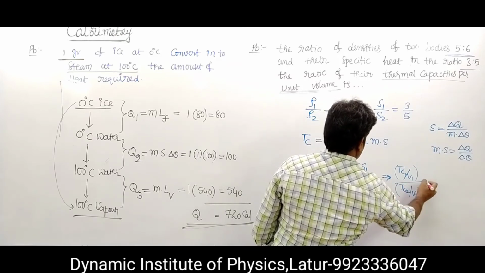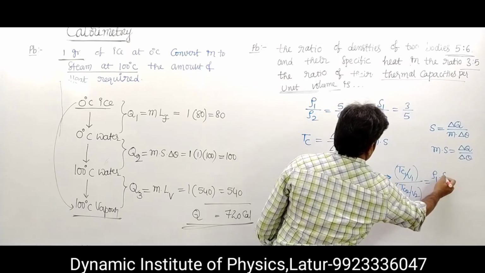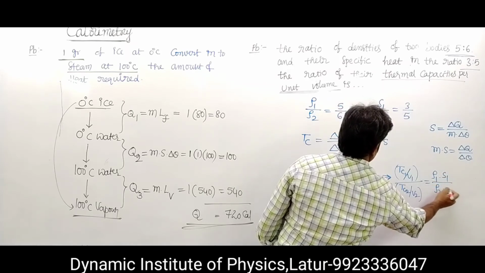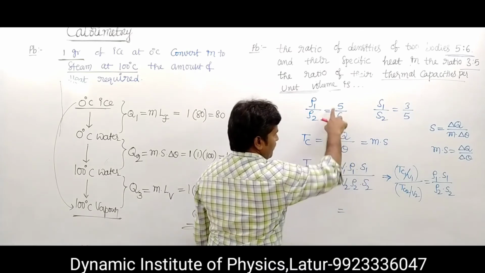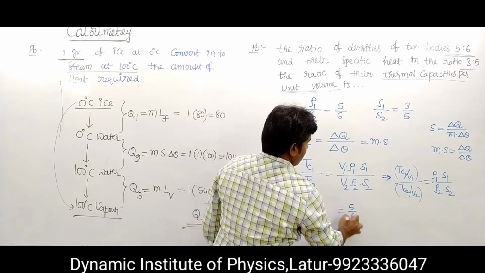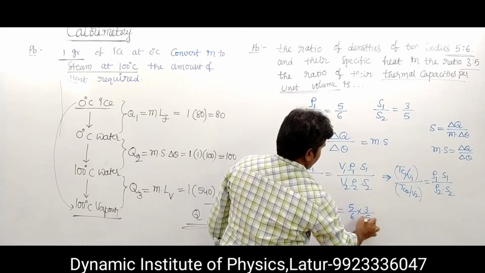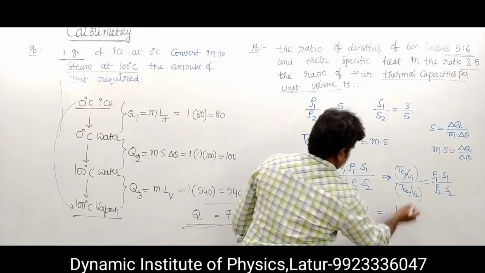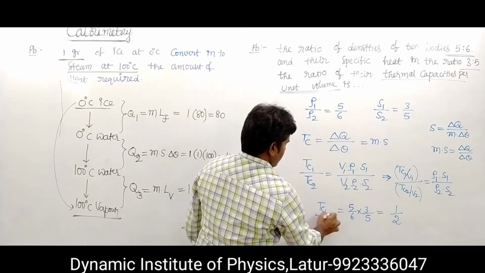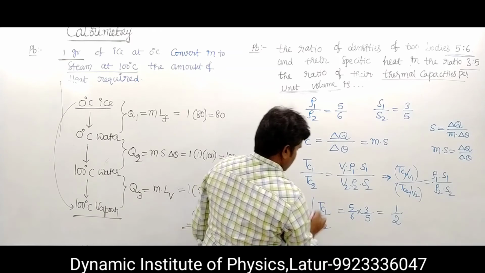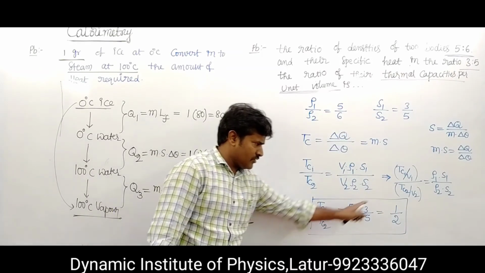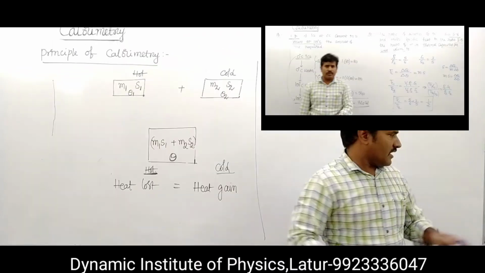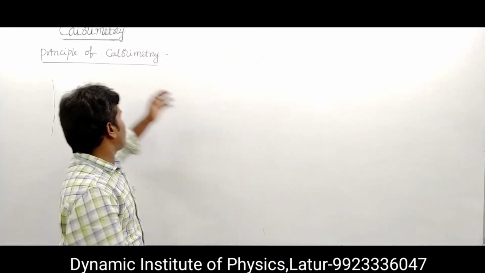So this value equals ρ1 S1 upon ρ2 S2. Its value becomes ρ1 by ρ2, 5 upon 6, into 3 upon 5. Its value equals 1:2, so Tc1 by Tc2 is 1:2.